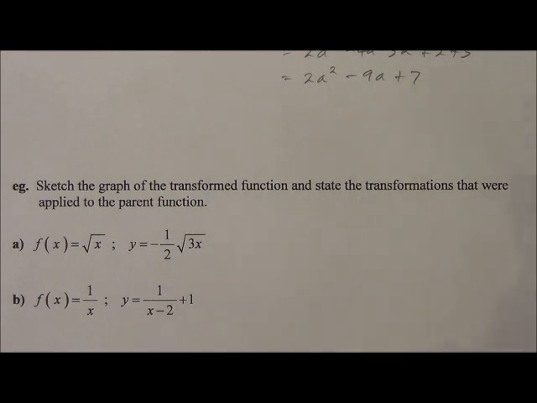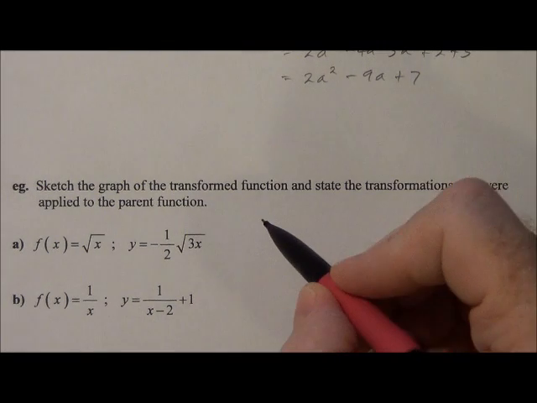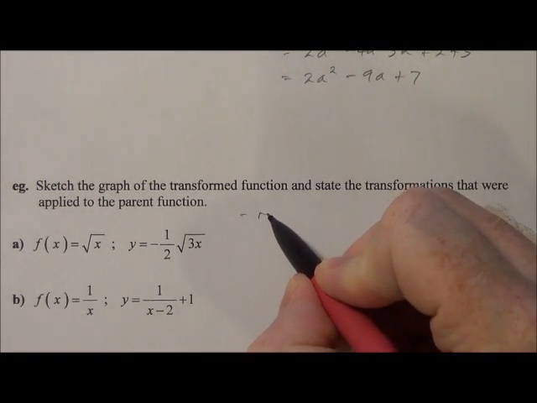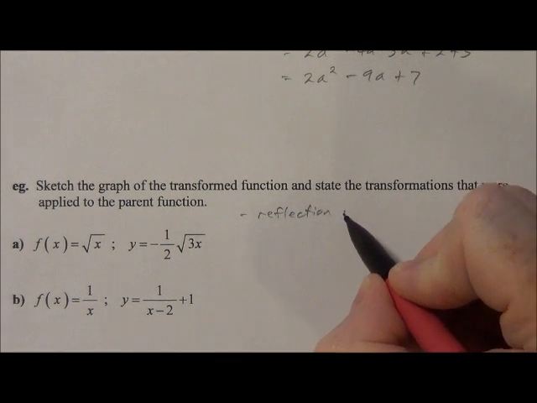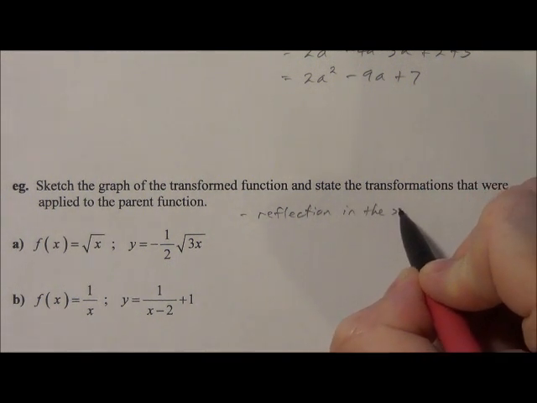Even though there are different ways of doing it, I just go left to right and work them out that way. First thing we see is a negative. What does that negative do? That's a reflection in the x-axis.